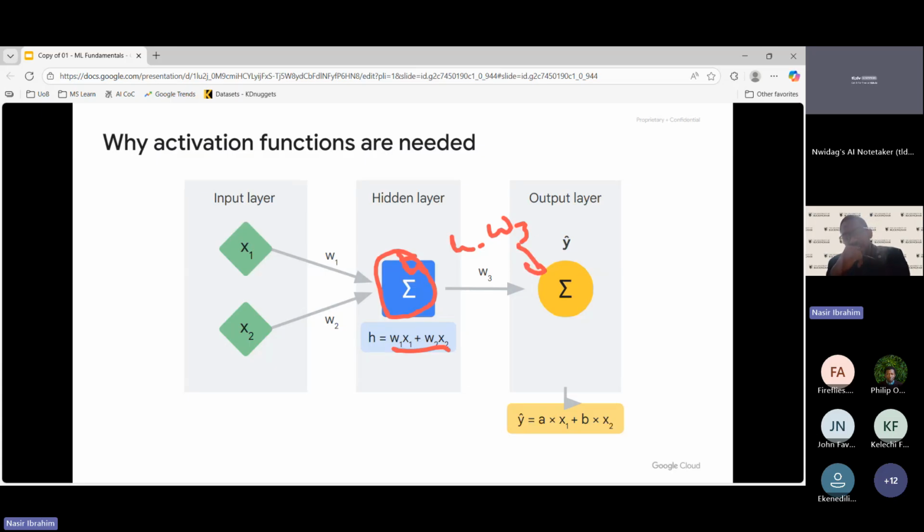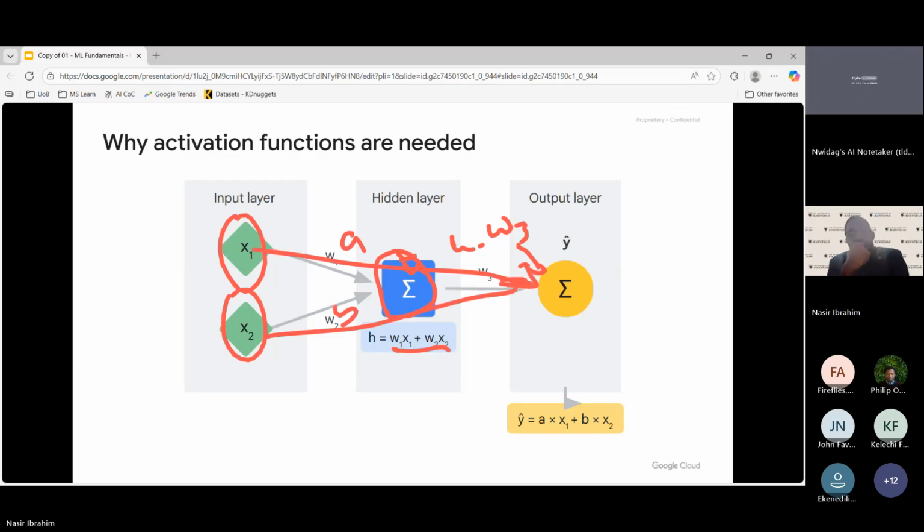But now the question is, if we simply leave it in terms of the linear equation, apply only the linear equation in the hidden layer and on the output layer, why not simply take the input and get a weight that would determine the output for you? Because it is a linear equation.